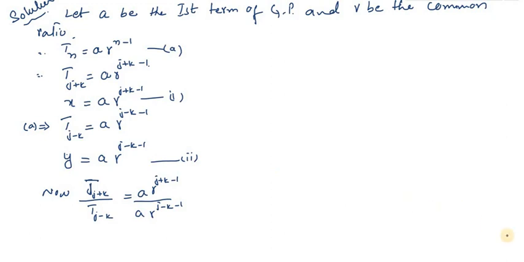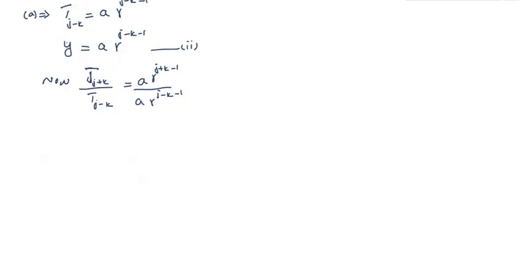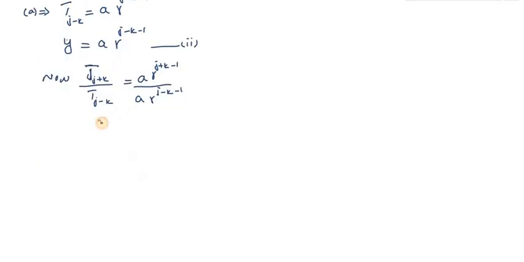The J plus K term is X and the J minus K term is Y. So X upon Y is equal to A cancelled with A. And here the base is the same, so we subtract the powers: R to the power J plus K minus 1 minus J minus K minus 1.